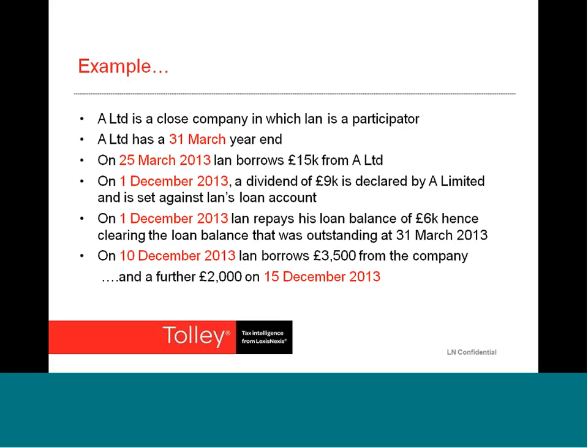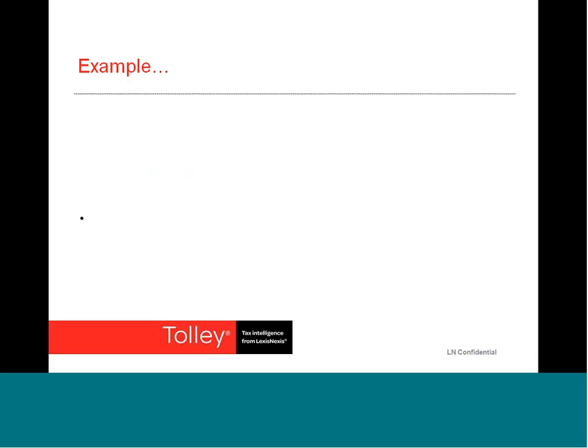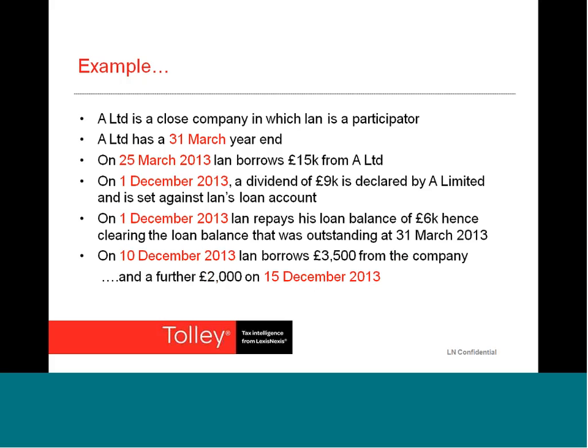But after repaying his loan, on the 10th of December 13, he borrows £3,500 from the company, and on the 15th of December 13, he borrows another £2,000 from the company. Okay, so we're now looking at £5,500 borrowed from the company.